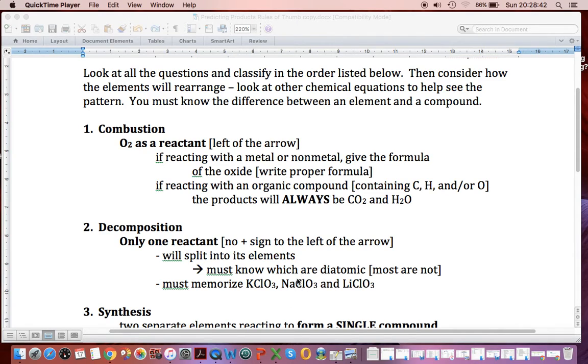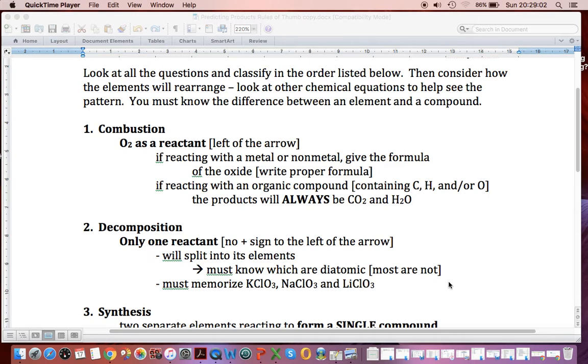NaClO3 splits into NaCl plus O2. LiClO3 splits into LiCl and O2. And you're saying, why O2? Because when oxygen is out of the compound by itself, it's going to be diatomic. And then you balance. But we'll show you an example of that in the next video.